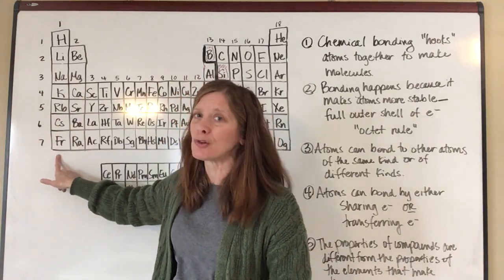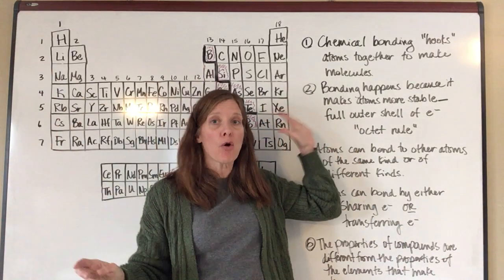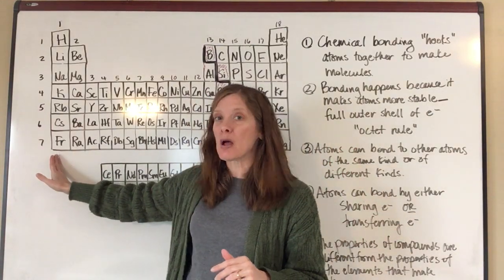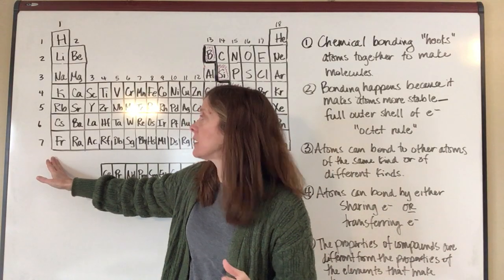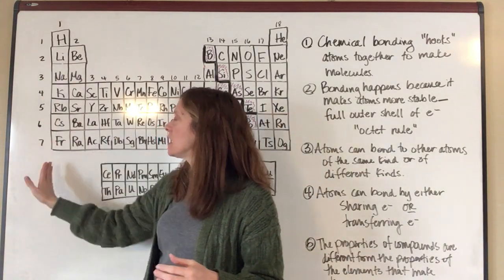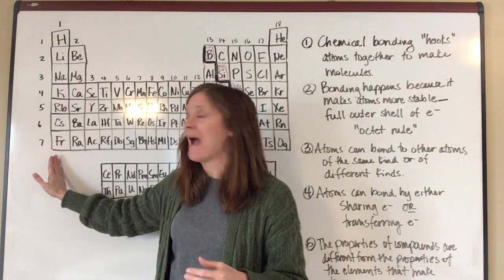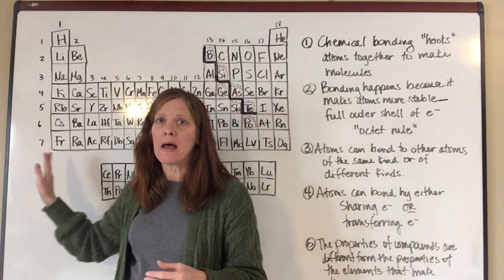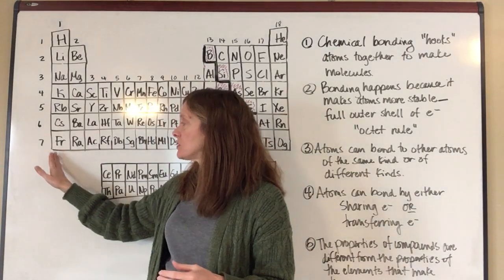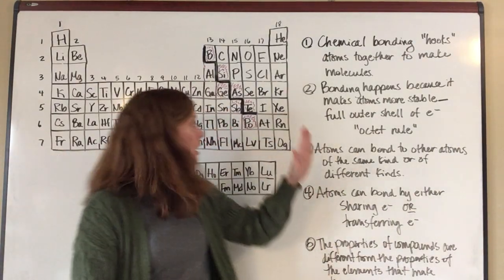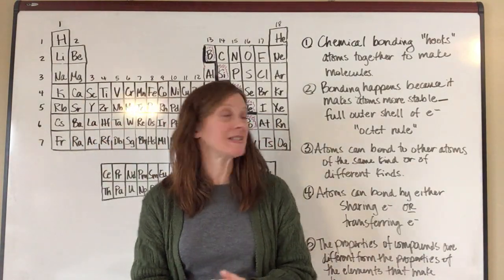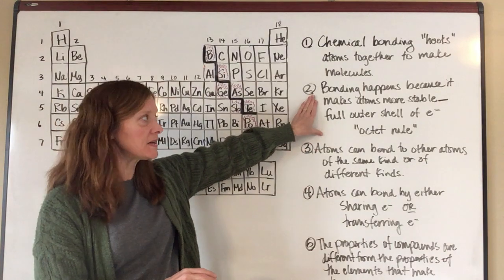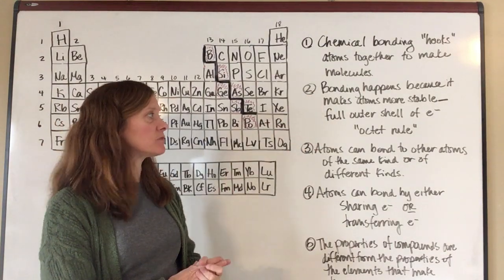These guys want to look like a noble gas so badly, and it's relatively easy for them to do so because all they have to do is lose an electron. And so these guys here are also very reactive. And so once these guys have lost this electron, once these guys have gained this electron, they are much more stable. And so bonding happens because it makes atoms more stable.